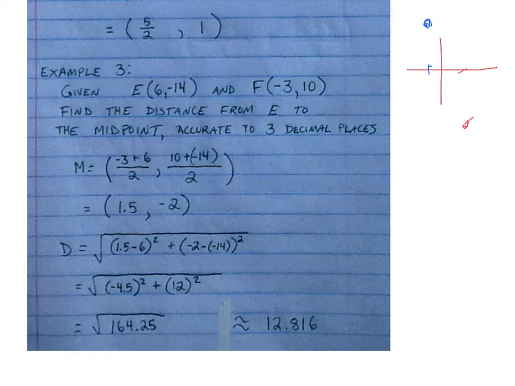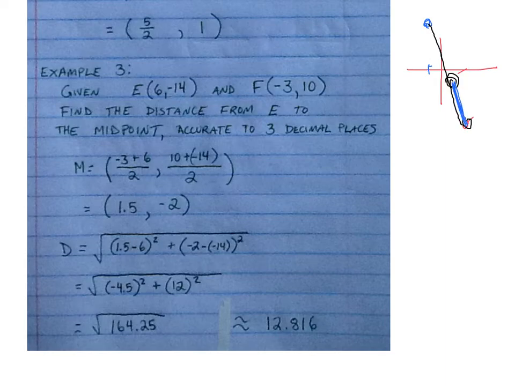And I want to know what is the distance not from one to the other, but from point E to the midpoint. So I'm really interested in finding out what this distance here is.